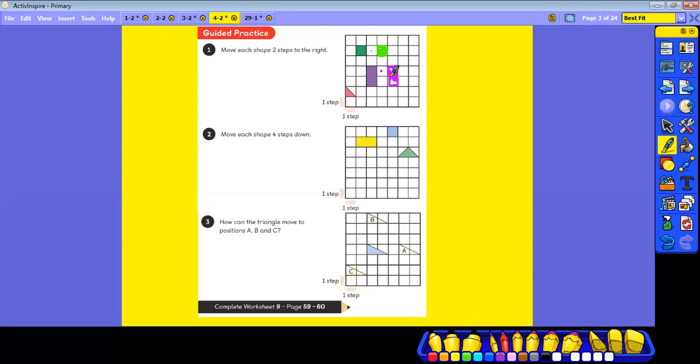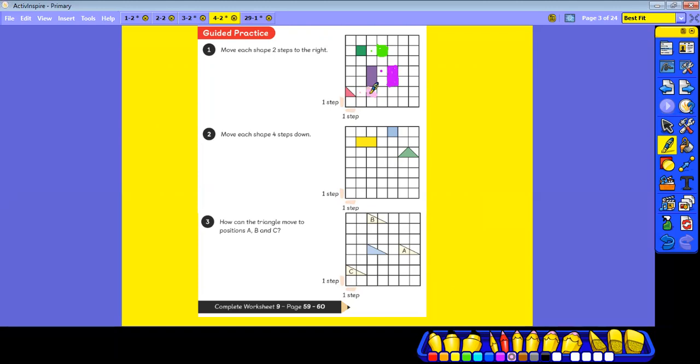I do like colouring in. Do you like colouring in, children? It's a really nice mindfulness activity, colouring. Okay, and then we've got a little baby pink triangle here. 1 step, 2 steps. Okay, see what I've done there?